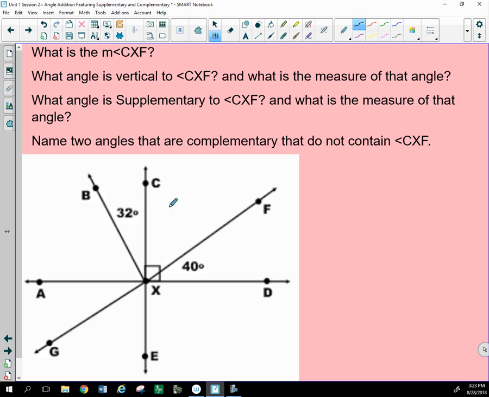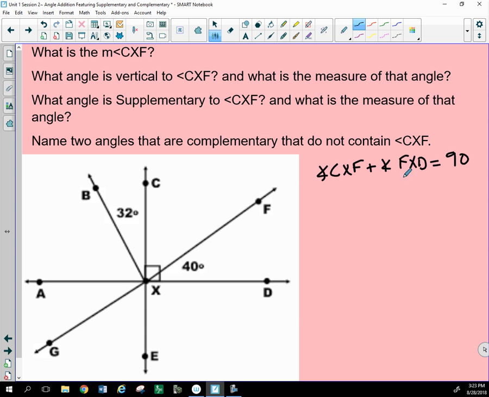When I look at CXF, I see that it has a 90-degree angle here, that it is complementary to FXD. So setting that up, angle CXF plus angle FXD will equal 90 degrees.